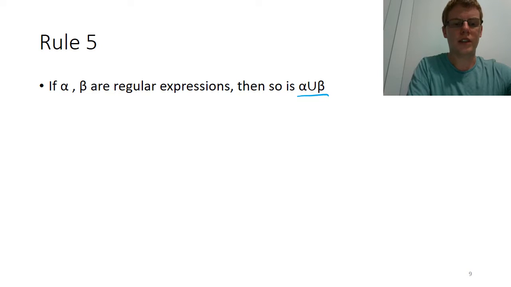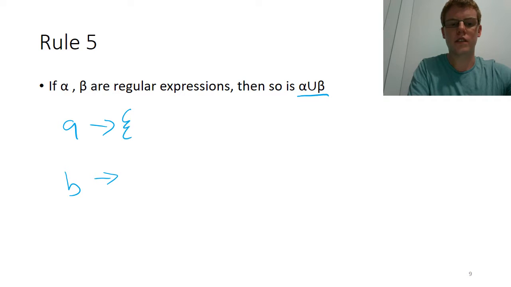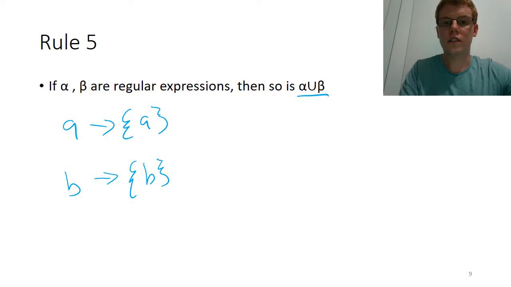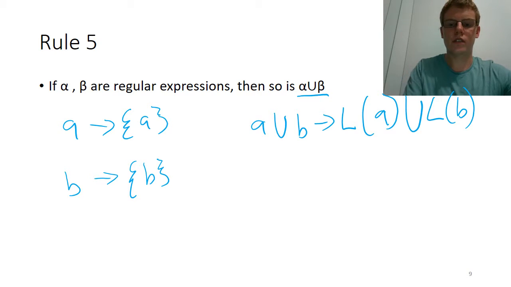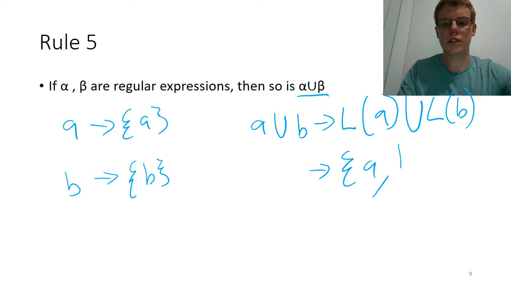So, by the same meaning, if we had the regex A and the regex B, each referring to their previous languages, then the regex A union B refers to the language built by getting the union of the 2 original languages. In this case, that is the language which has an A as one of its member strings and B as one of its member strings.